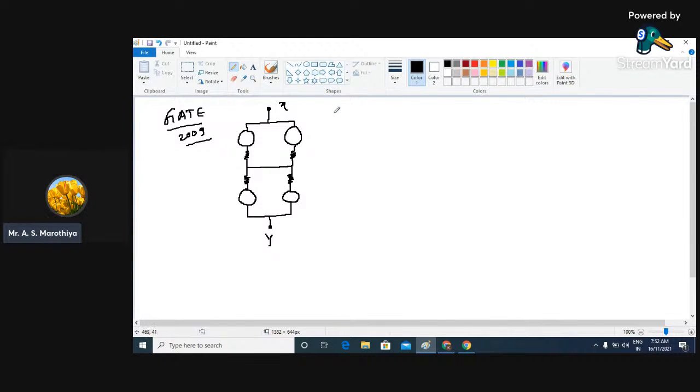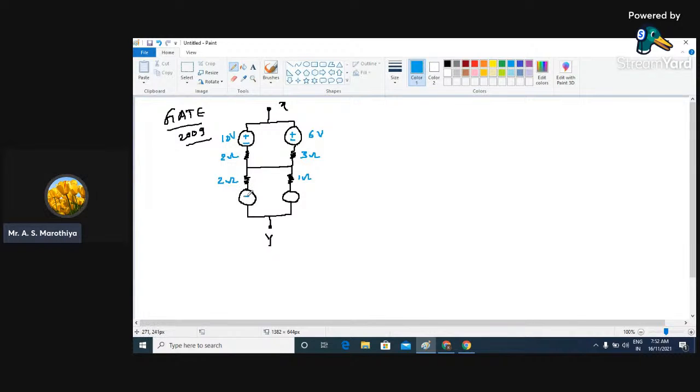And what are the values given to us? Here we have plus, minus, and the magnitude is 10 volt. Then we have plus, minus, magnitude is 6 volt. Then here we have a 2 ohm resistor, here we have a 3 ohm resistor, and here we have again a 2 ohm resistor. This is a 1 ohm resistor.